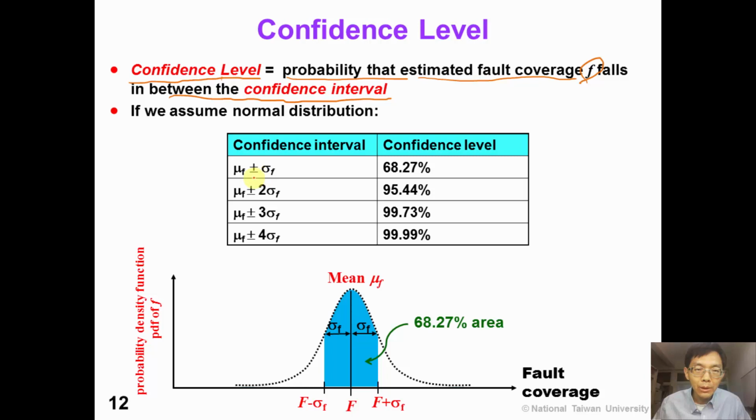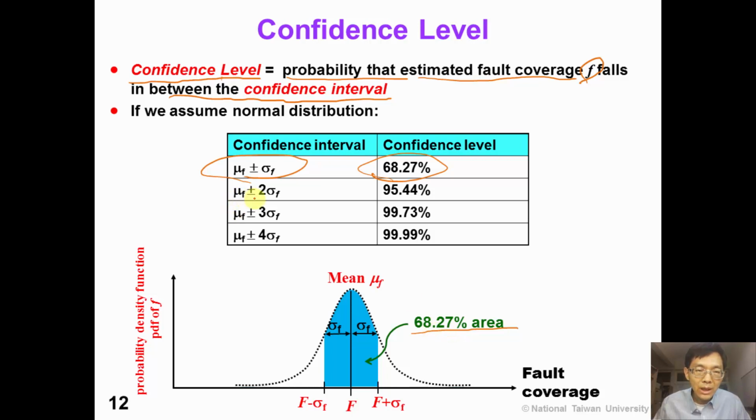For example, we can use plus and minus 1 sigma f as our confidence interval. That means the probability that our simulation fault coverage falls in this area is 68.27% of the total area.